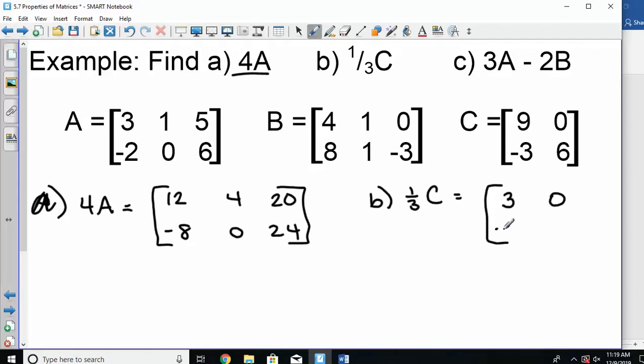Negative 3 times 1/3 is negative 1. 6 times 1/3 is 2. Sometimes these questions show up on the ACT too. And a lot of people just panic because they haven't seen the matrix before, but they're very simple. You can usually find them pretty easily.